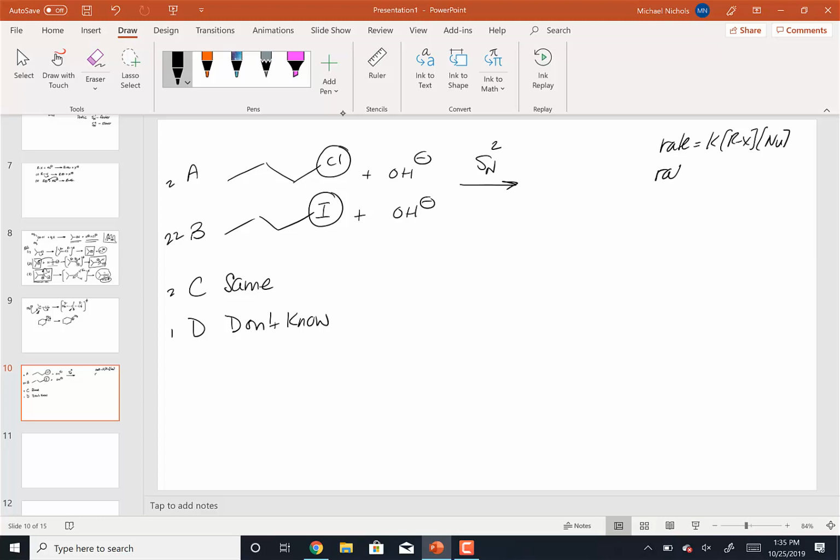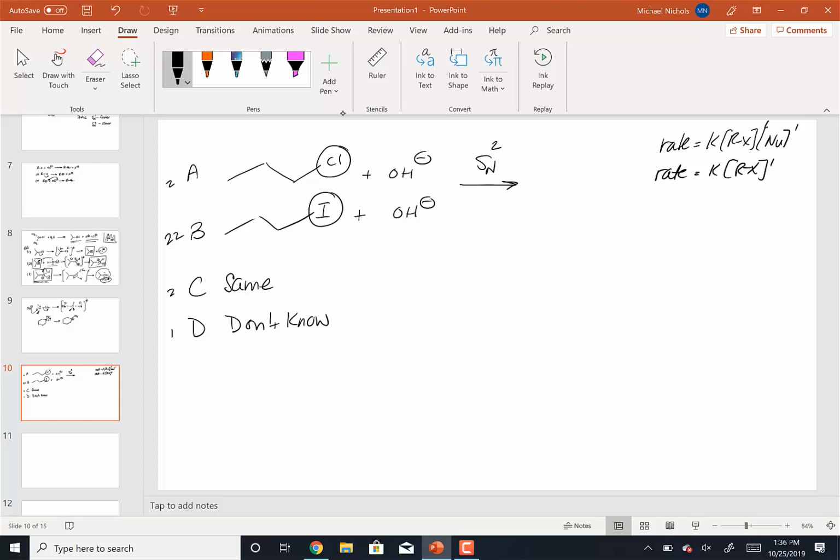The rate for an SN1 reaction is K times concentration of alkyl halide to the first. The leaving group is the X in this case. It's in both rate equations. It's in both rate determining steps. The leaving group does play a role. That role is going to be, the better the leaving group, the blank the reaction. The faster the reaction. So the better the leaving group, the faster the reaction.